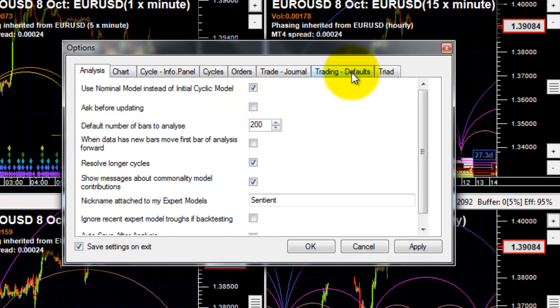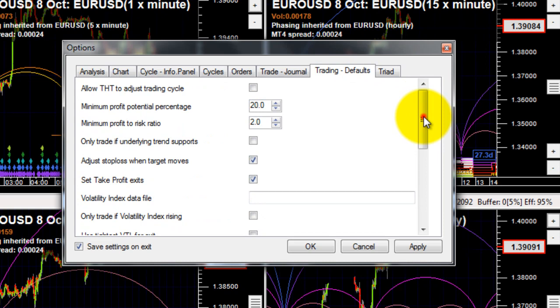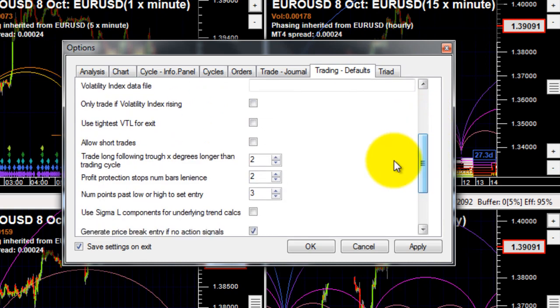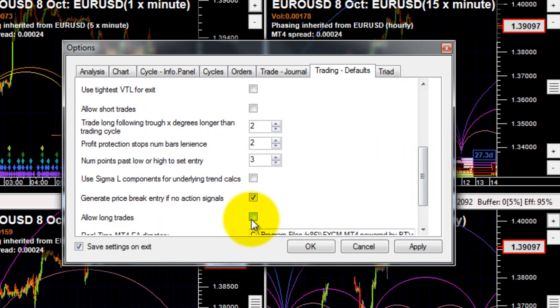Then if you go to the Trading Defaults tab, you should make sure that the Allow Short Trades is deselected, and similarly the Allow Long Trades is also deselected. Why? Because you do not want every single chart in your workspace to be issuing trading instructions. You want initially only one chart in a workspace to issue trading instructions.